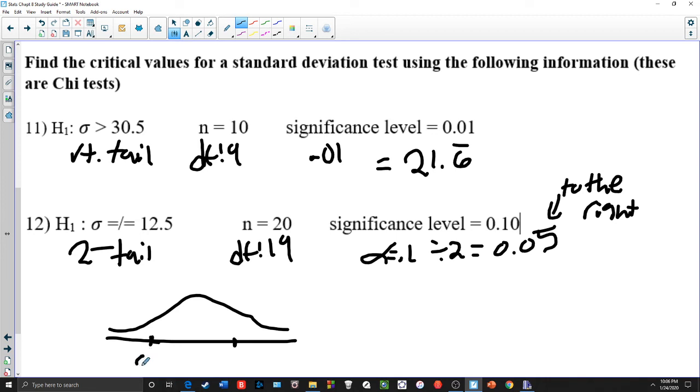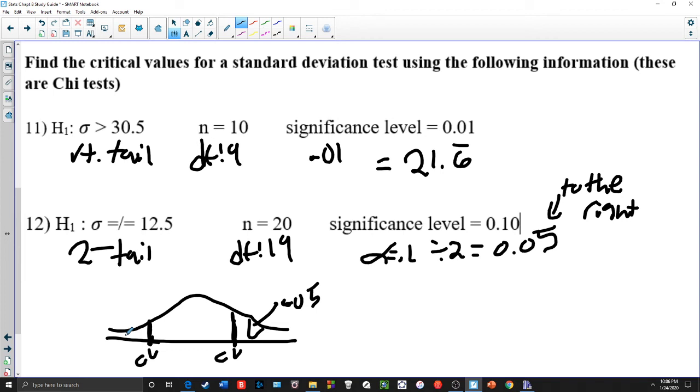So let's say this was a CV and this was a CV. 0.05 means that the critical value right here has an area of 0.05 to the right of it. But for a two-tailed test, I have another critical value over here that also has 0.05 to the left. Unfortunately for chi-squareds, it's not as simple as just putting plus or minus because they're not symmetrical. So you have to do a little bit of digging here.